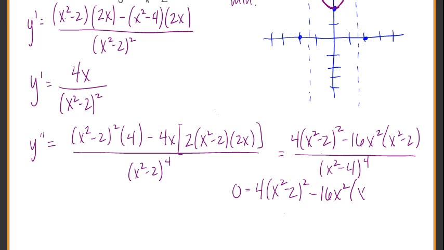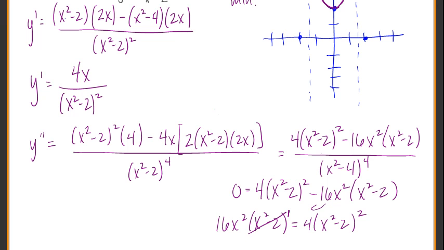Let's move that term over. So 16x squared times x squared minus 2 is equal to 4 times x squared minus 2 squared. Okay, they both have this common x squared minus 2, so we'll cancel the 1 here with one of those there, leaving 1. The 4 goes with that 16, leaving a 4 right there. Okay.